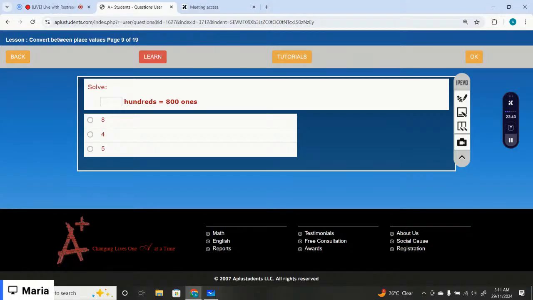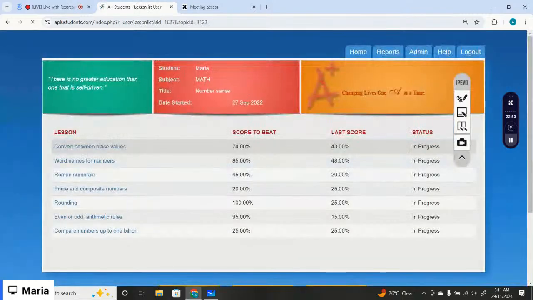The correct option is 800s. Okay, you can complete the lesson by yourself later today. Let me just move on to next lesson.